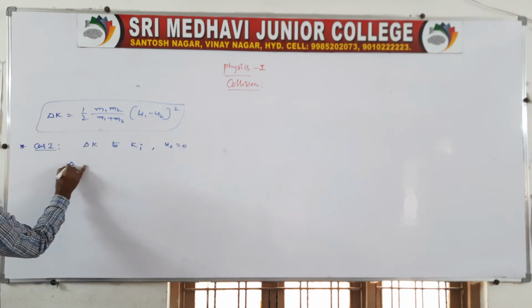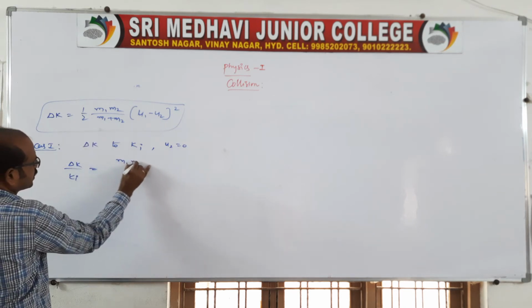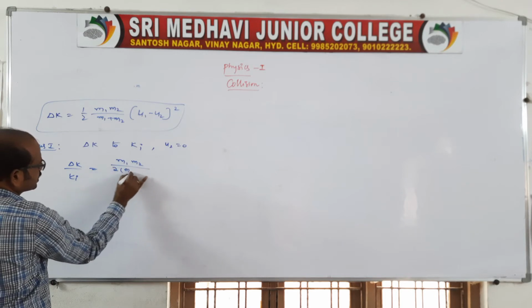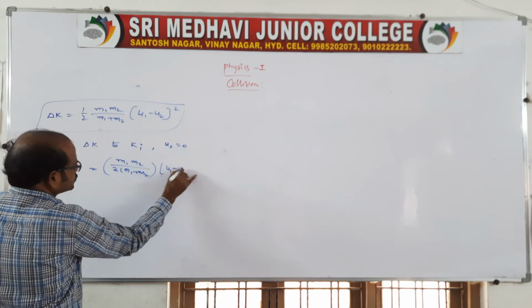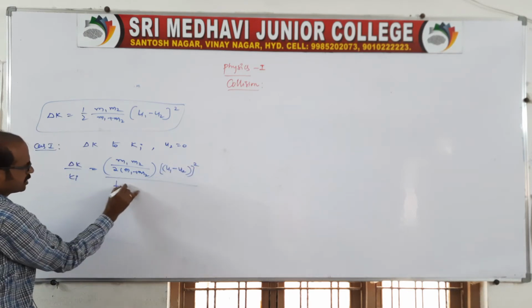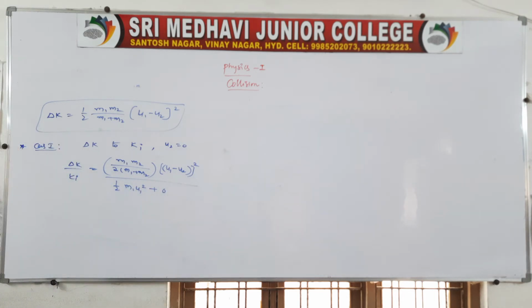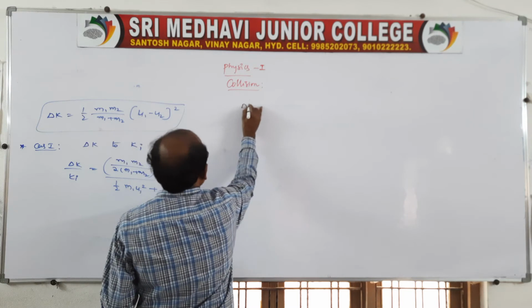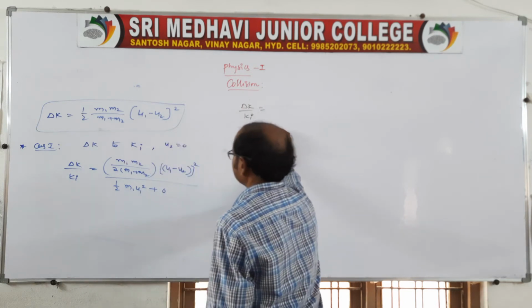So delta K will be m1 m2 by 2 into m1 plus m2, into u1 minus u2 whole square, divided by half m1 u1 square plus half m2 u2 square, which is the initial kinetic energy. So delta K by K initial is the fractional change in kinetic energy.